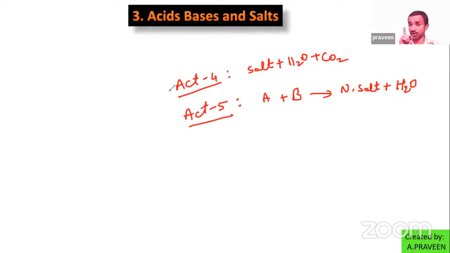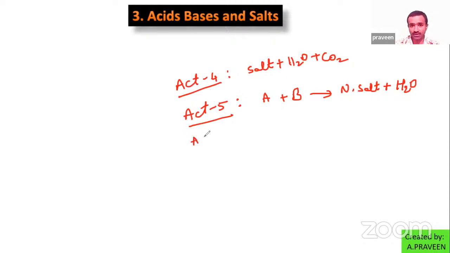So it is similar to a neutralization reaction, but it may not always produce a neutral salt. Remember the difference, right? Depending on the neutral salt, we name that reaction a neutralization reaction. Okay, so focus on that.